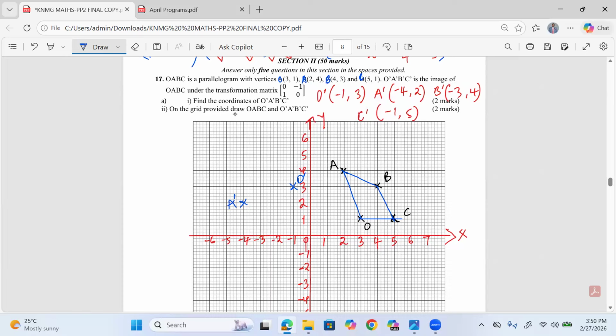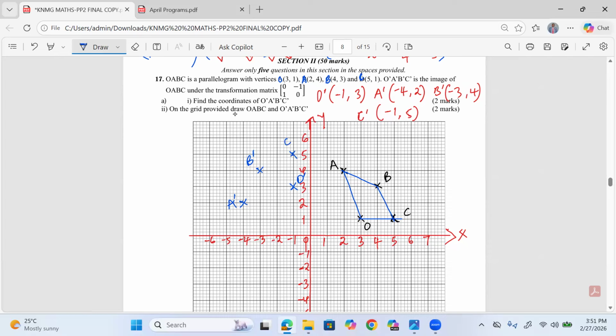Then for B prime, it's -3, 4. -3, 4 is here. So this is where B prime shall be. And for C, it shall be -1, 5, which is here. -1, 5. So C prime shall be at that point.